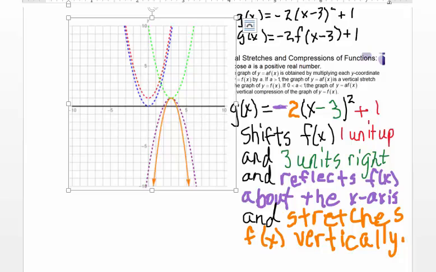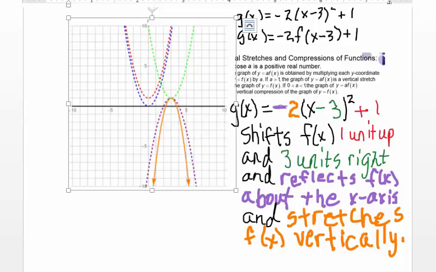And notice all of the previous transformations are dashed. I started off with the dashed blue graph. I shifted 1 unit up, 3 units right, and reflected f of x about the x-axis and stretched f of x vertically by a factor of 2. So what do I wind up with when I perform all of those transformations? I wind up with the orange solid graph that you see. But notice the transformations that occurred.